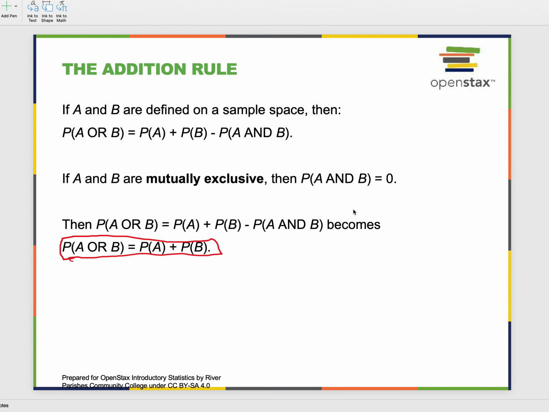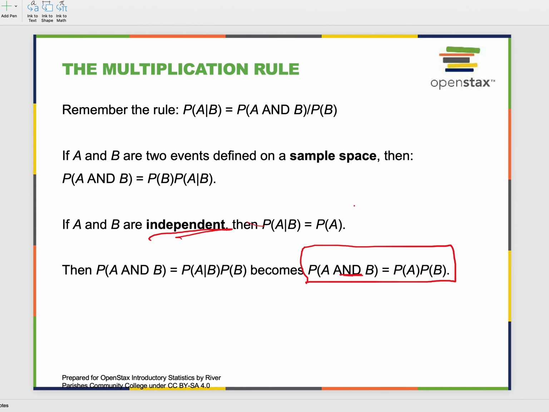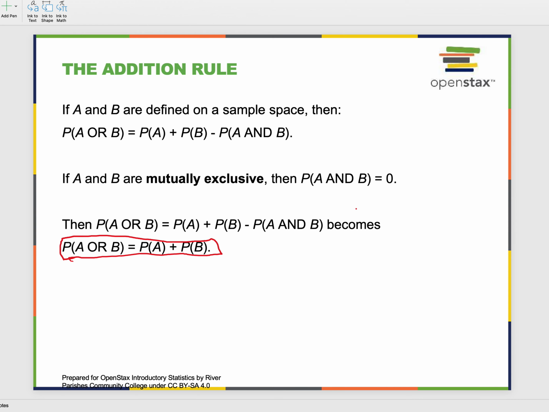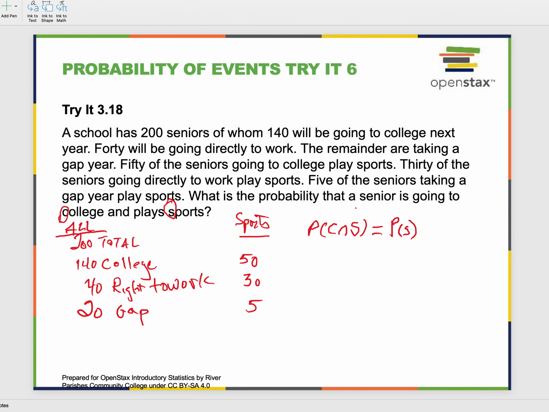Let's make sure we do this right. Probability of senior and probability of sports being a senior times the probability of sports given they're going to college. Sorry.